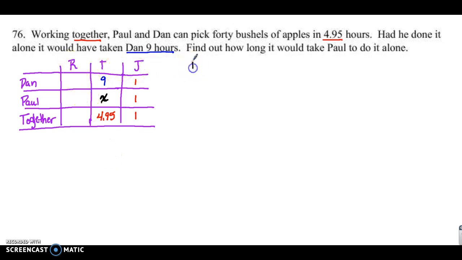Now we know if rate times time is equal to a job, and I wanted to solve for R, I would divide both sides by the time. So the rate is the job divided by the time. Or in this case, for Dan, Dan's rate is the job divided by the time. His job is 1, his time is 9.